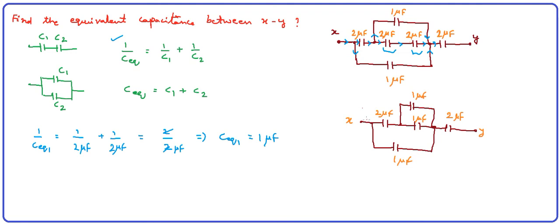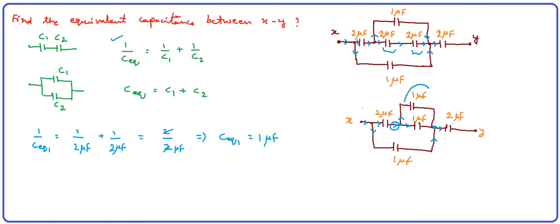Now we also need to see in the same manner. Current flows in this direction and divides into two parts, and again it joins here. One part of the current is added here and again added here.